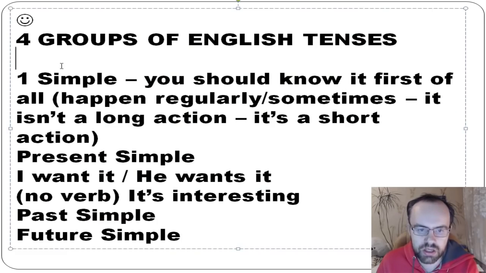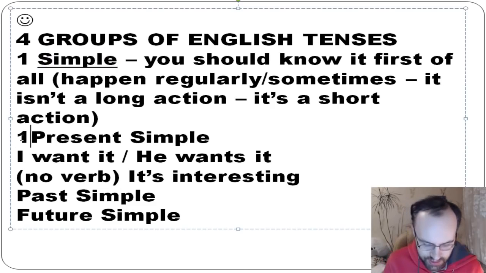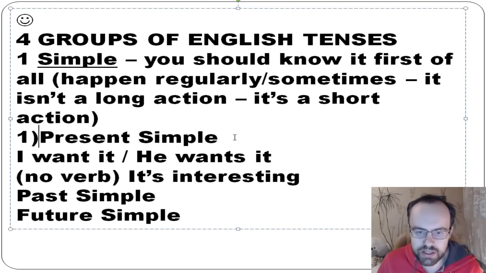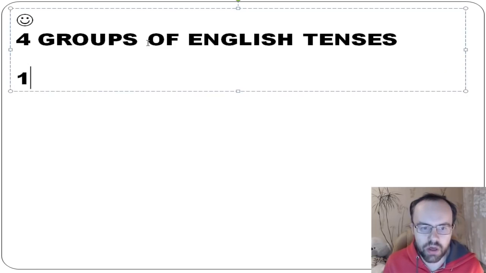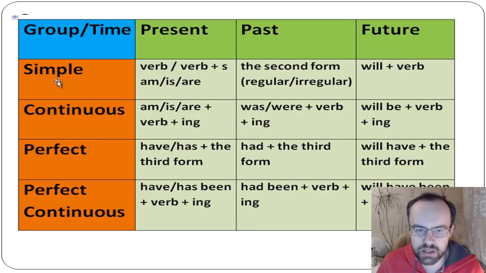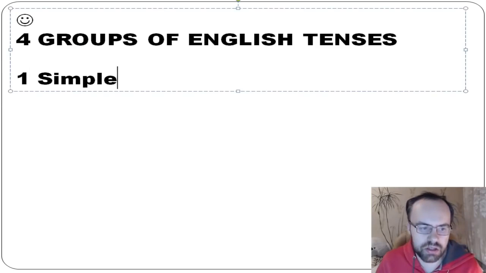Okay, good. So past, we are talking about this group. The first group of English tenses, as you see, we call simple.